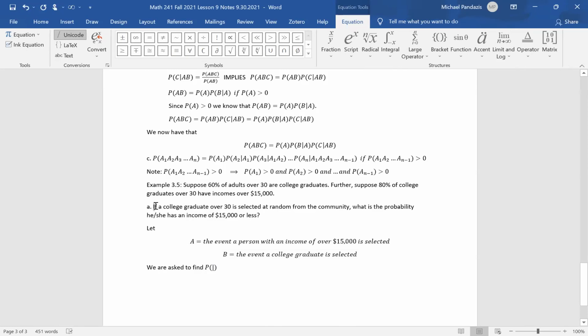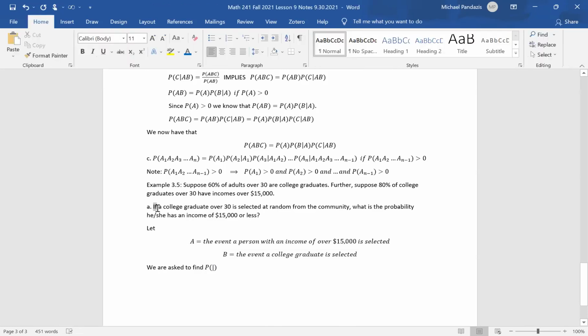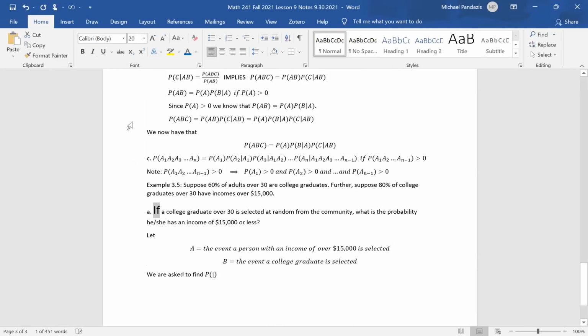The word if cues us to the given. So if a college graduate over 30 is selected, that's event B.